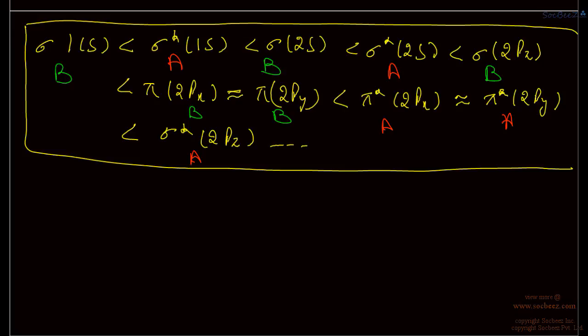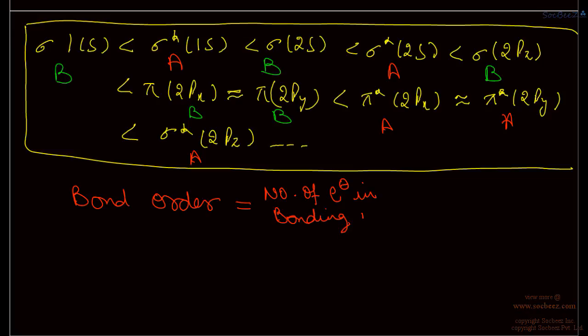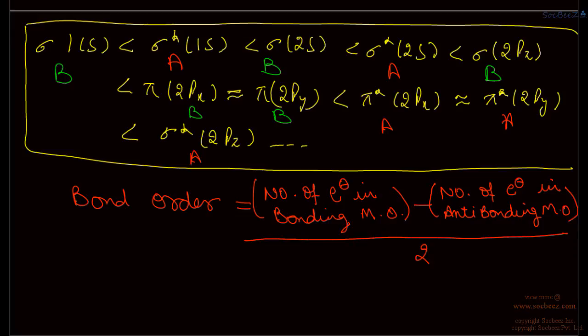So there is a term known as bond order. It is defined as the number of electrons in bonding molecular orbitals minus the number of electrons in anti-bonding molecular orbitals, divided by 2.